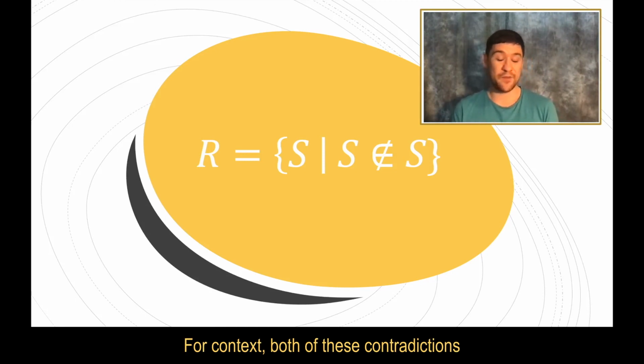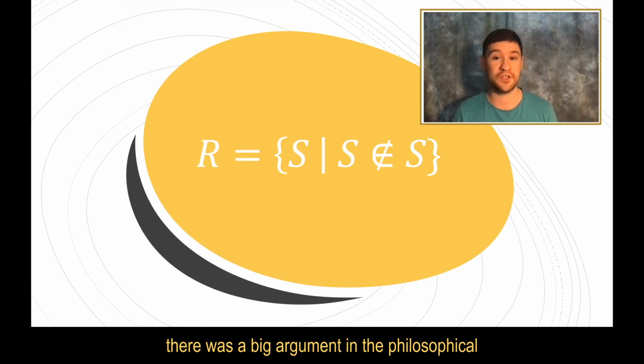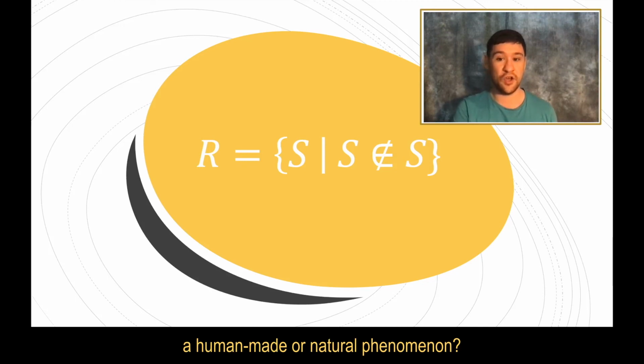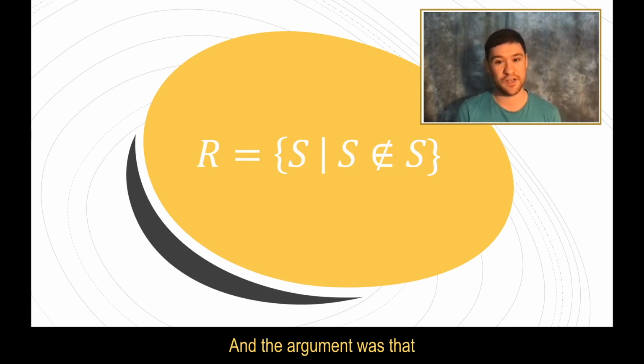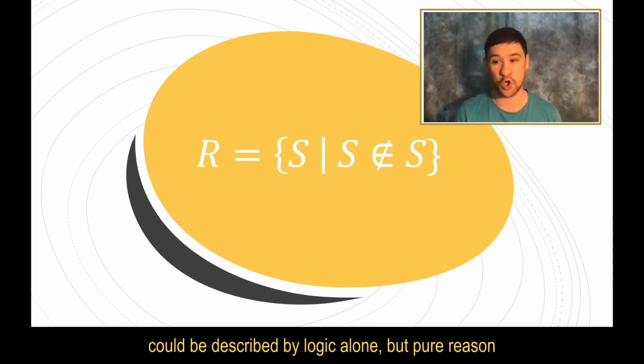For context, both of these contradictions, both of these paradoxes, came at a time where there was a big argument in the philosophical and mathematical communities where we were asking, is maths a human-made or natural phenomenon? And the argument was that if it was a natural phenomenon, then all maths could be described by logic alone, by pure reason.